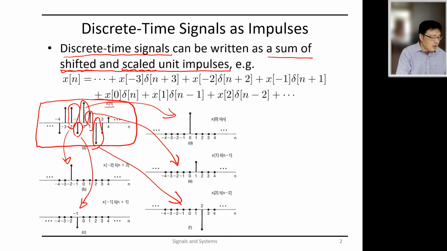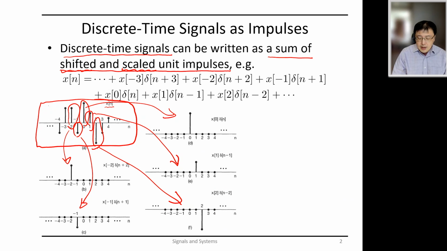So this shows us that for any discrete time signal, we can always split it up into these scaled and time-shifted impulse functions, one corresponding to each sample at a different time instant.